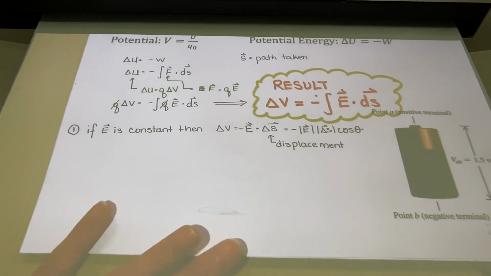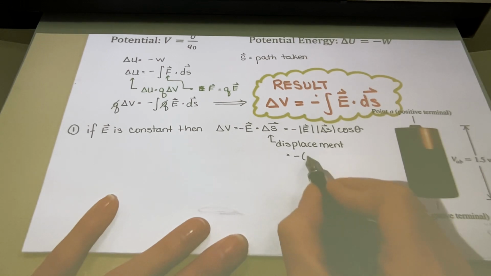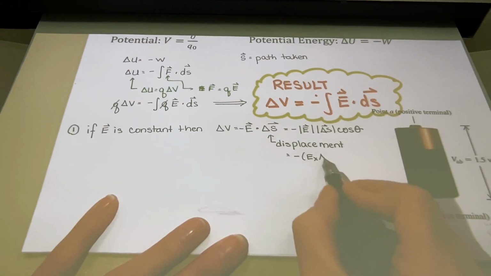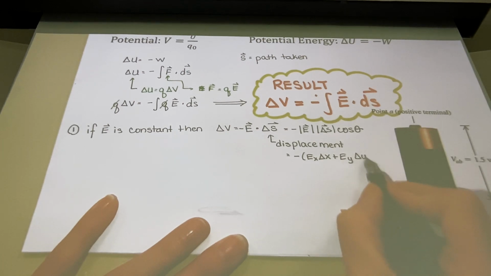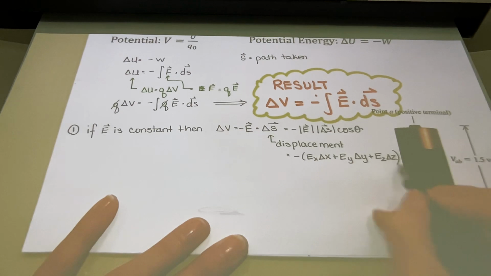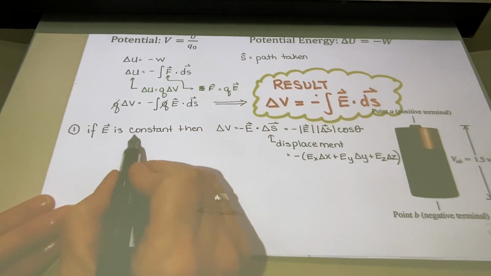The other way would be if you knew your components. So that would be minus EX delta X plus EY delta Y plus EZ delta Z. If your electric field is constant, this is how you can find your change in potential, depending on which form of the scalar product you're able to use. So that's for a constant field.